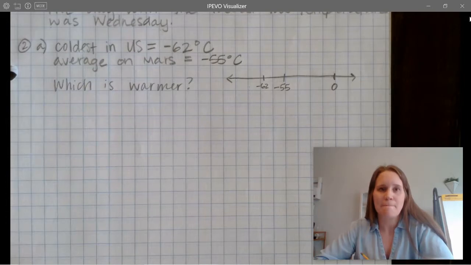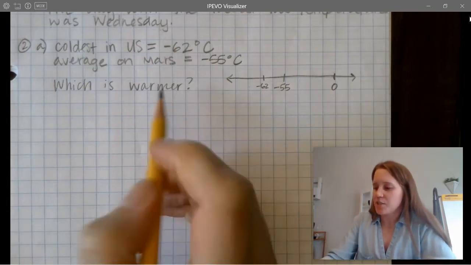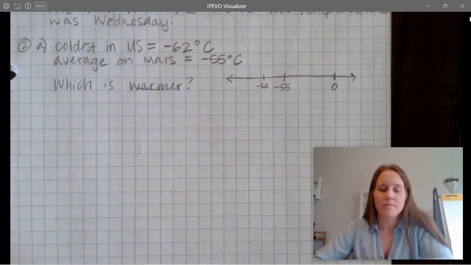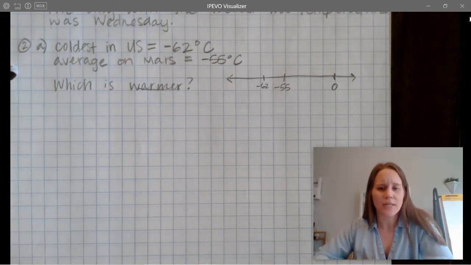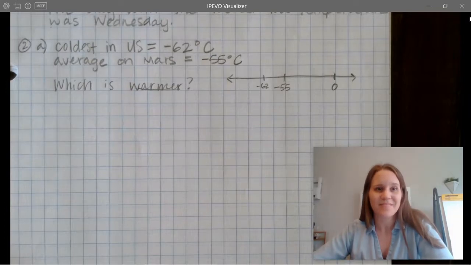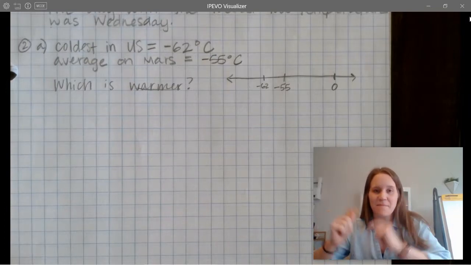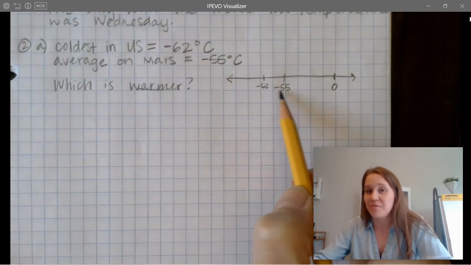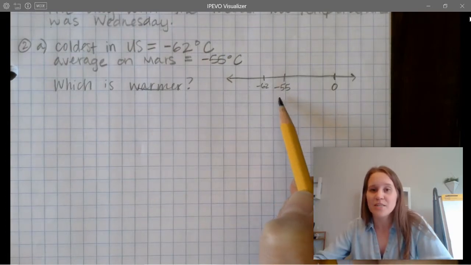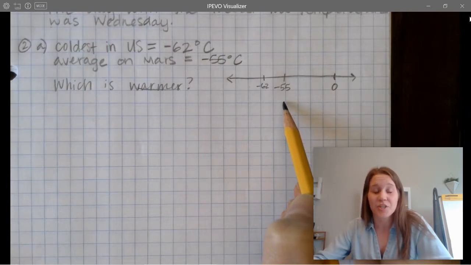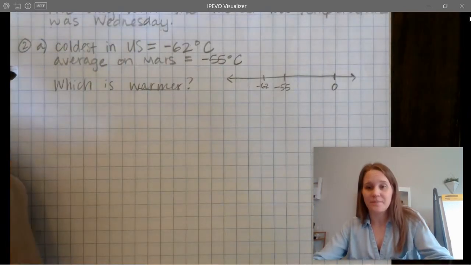Okay. So the question says, which is warmer? Warmer means a high temperature or a low temperature? Warmer means a high temperature. So both of these are actually really cold temperatures, but one of them is warmer than the other. Which one do you think has the higher temperature, the greater temperature?